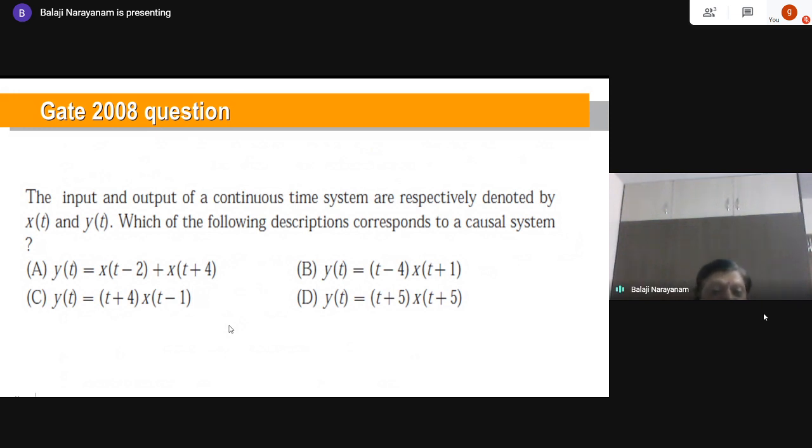Whereas in all other equations of the systems, you may observe that the output is dependent on the future input value. For example, in the first case, t plus 4 is dependent on future input, t plus 1 is dependent on future input value, and again output y of t is dependent on t plus 5.